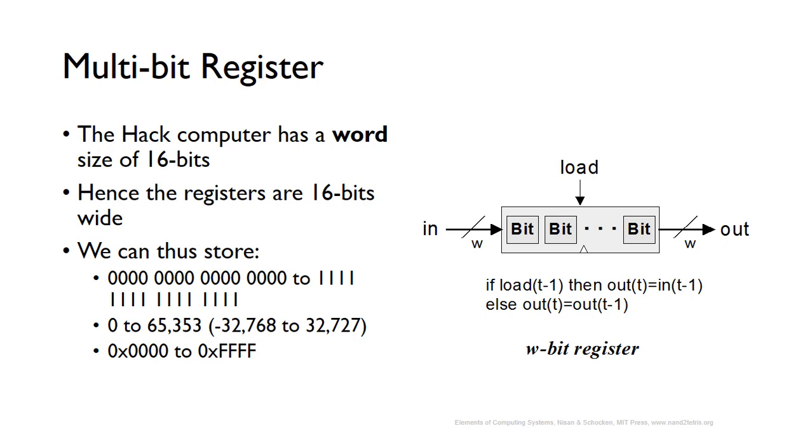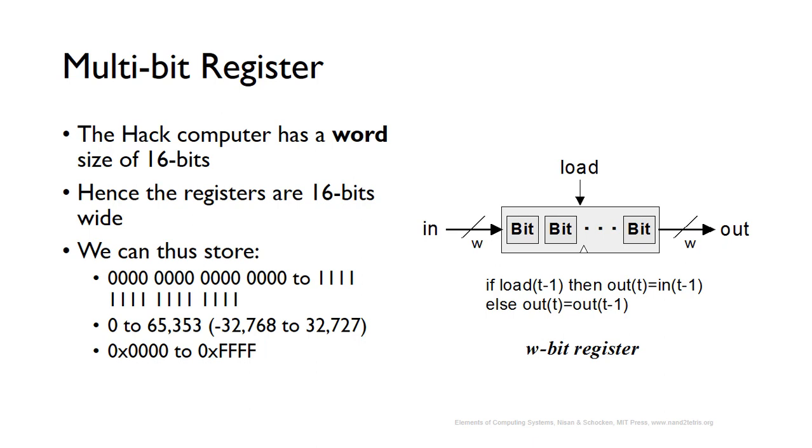And in hex, we can just convert each nibble individually. That gives us 0x0000 up to 0xFFFF for all the ones, since each nibble corresponds to F. So those are the values we can store in a 16-bit register.